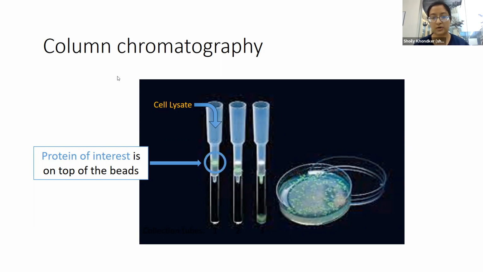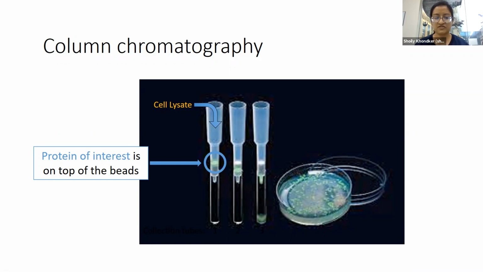So one way of purifying a protein of interest is through chromatography. The example I'm showing here is called column chromatography, but there are other ways of performing this. This uses beads that are made of either sepharose or agarose.